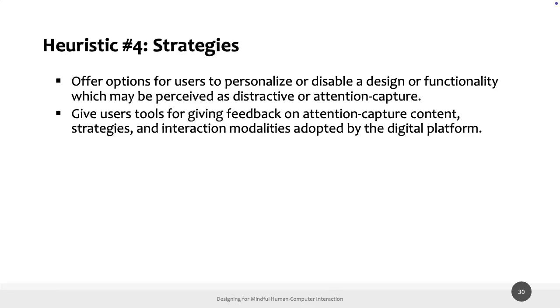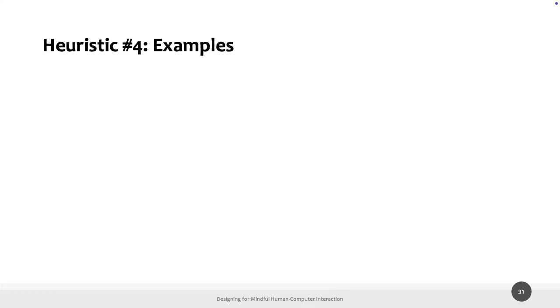Give users tools for giving feedback on attention capture content, strategies and interaction modalities adopted by the platform. So we can envision tools to let the user signal some attention capture dark pattern in an interface.